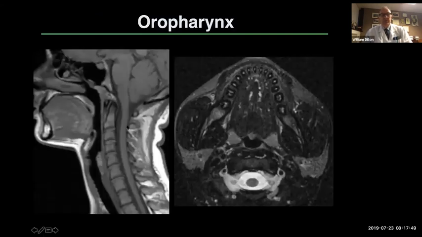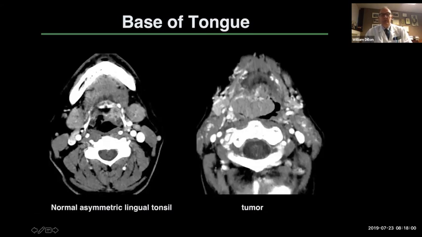In the oropharynx now, this is at the level of the palatine tonsils, the uvula. The normal structures of the tongue are seen on MR. And here's a mass of the base of tongue, the oropharynx, presenting as a large mass.